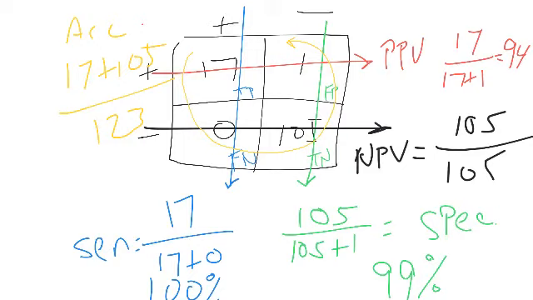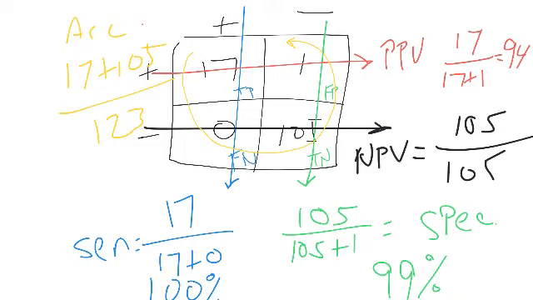And negative predictive value. Your accuracy will always be between your sensitivity and your specificity. They give you a multiple choice question, they give you sensitivity and specificity, guess what? The accuracy is going to be the answer in between them. So it's in between them.